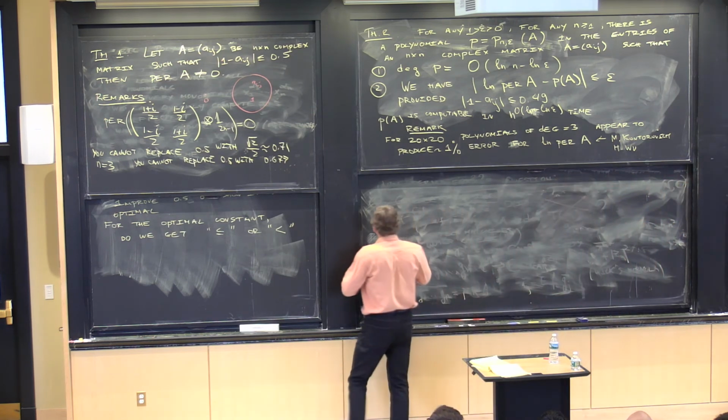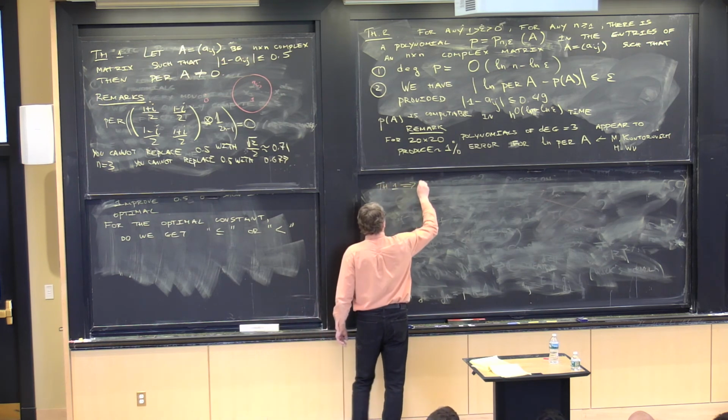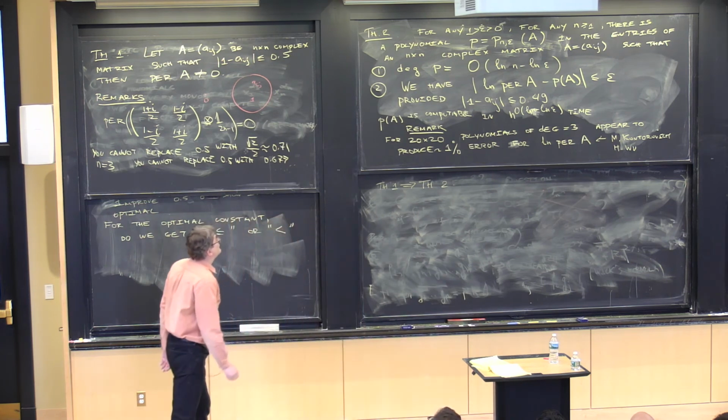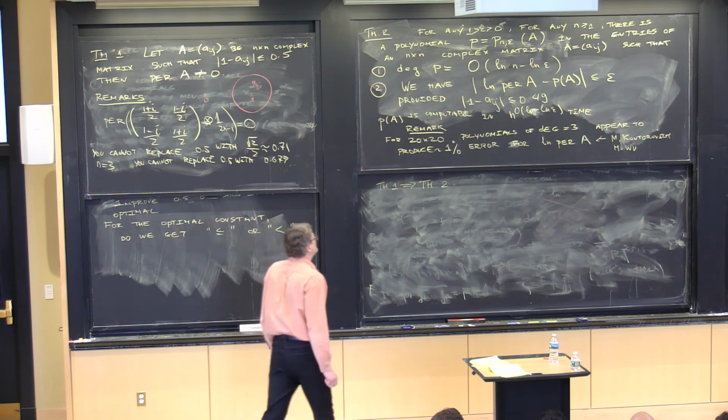So deduce 2 from 1. So that becomes pretty easy, because what I have to do is come up with my polynomial.